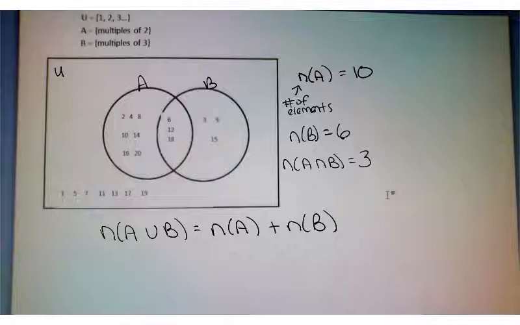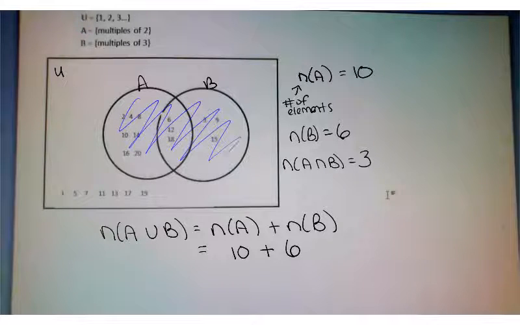Well, let's check. The number of elements in A equals 10. The number of elements in B equals 6. So if we were to just add the number of elements in A to the number of elements in B, it appears that there are 16 total. However, remember when we found the union and we shaded to show the union, that was all of this.